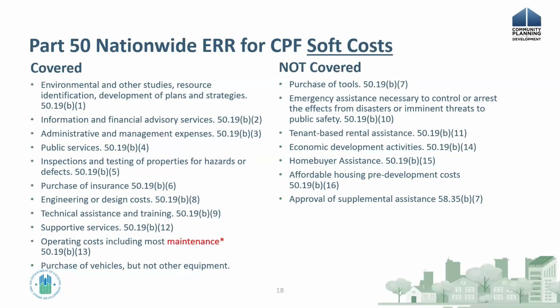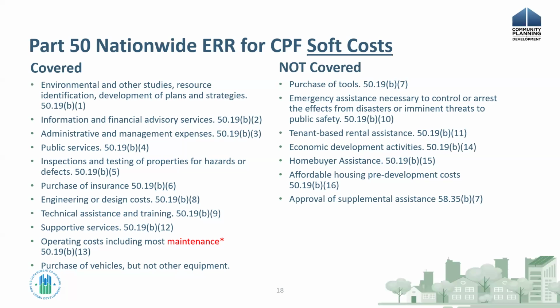So this is the slide that has a breakdown of covered and not covered soft costs. It also provides their corresponding regulatory citation as well. So covered soft costs include environmental and other studies, resource identification, development of plans and strategies, information and financial advisory services, administrative and management expenses, public services, inspections, testing, purchase of insurance, engineering or design costs, technical assistance and training, and various supportive services.